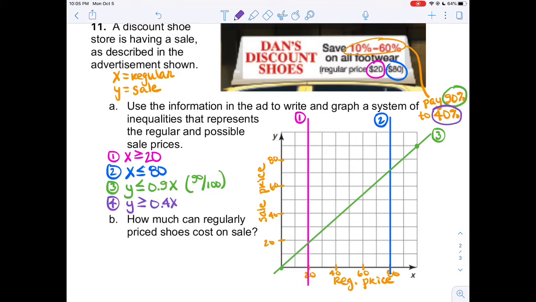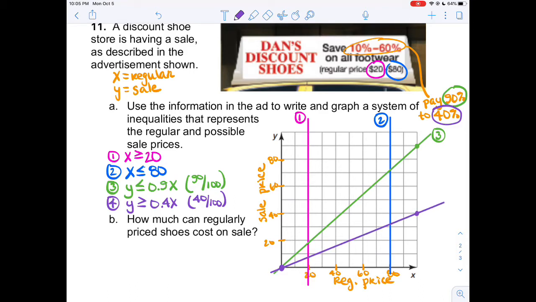And again, to make it easier to plot, I can note that that's the same as 40 over 100. So again, I'm going to start at a y-intercept of 0, and I'm going to go up 40 and over 100. So I'm going to get a point here, and I can plot another solid line.